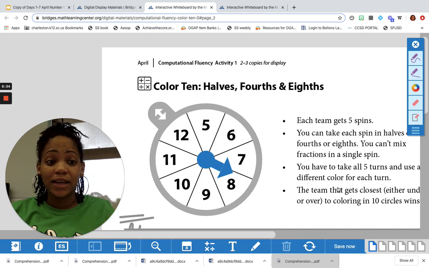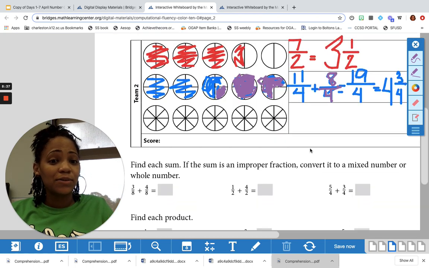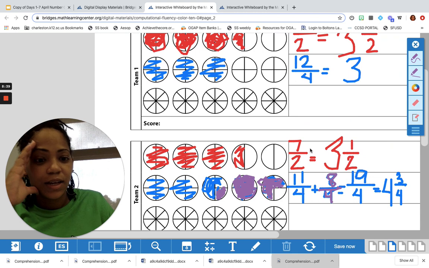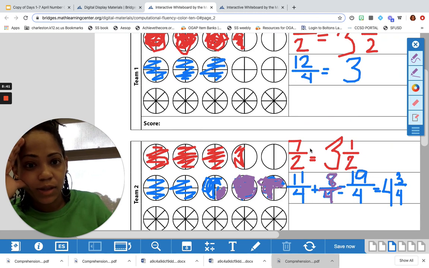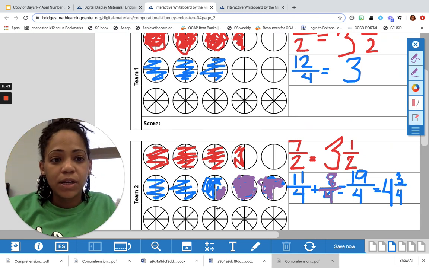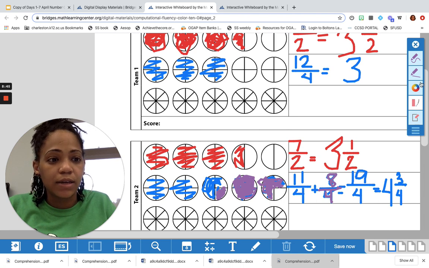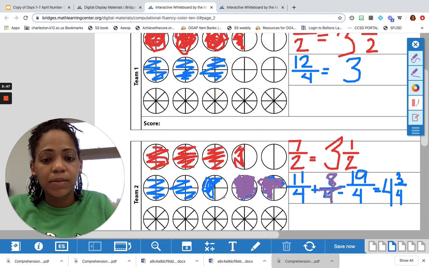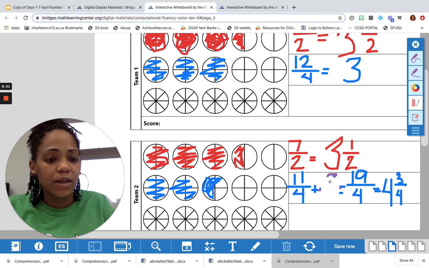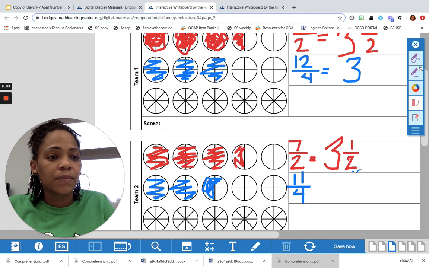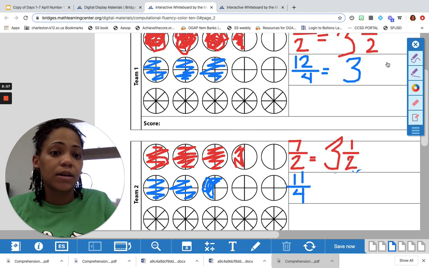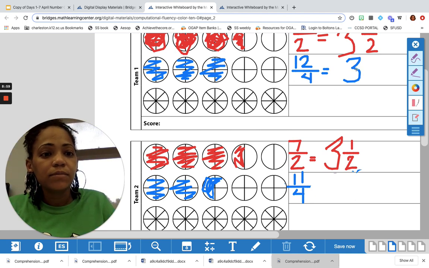You also got 8. What are you going to choose to do? Ugh, and I even colored it in on the wrong thing. You guys, Miss Trammell is tripping really hard today, clearly. So here's what I'm going to do. I'm going to erase this because I colored it in on the wrong piece. And I'm going to color it in up here.